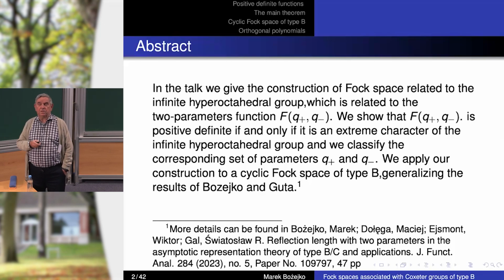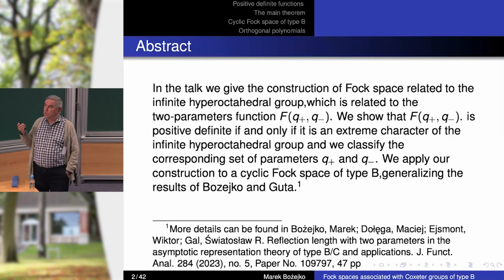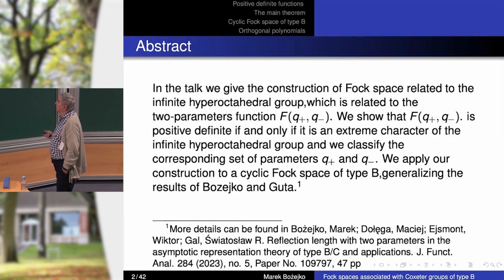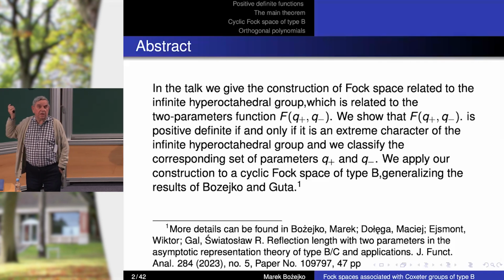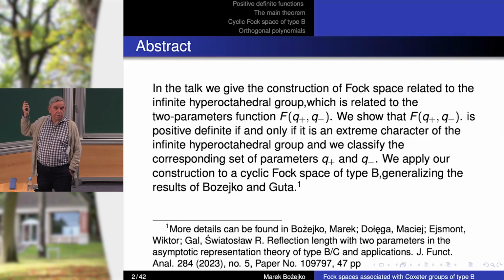Usually, you know, symmetric Fock space, anti-symmetric Fock space, this is related to the trivial symmetrizator or anti-symmetrizator. But here we use more parameters, and here there are still more interesting things. And we constructed a new type of Fock space, which we call cyclic Fock space.